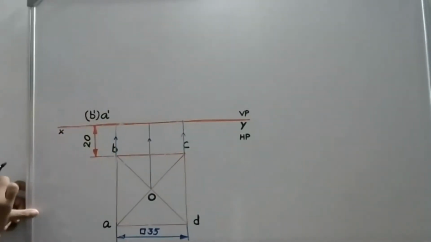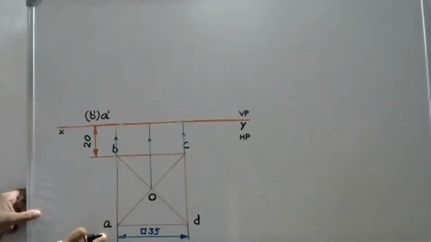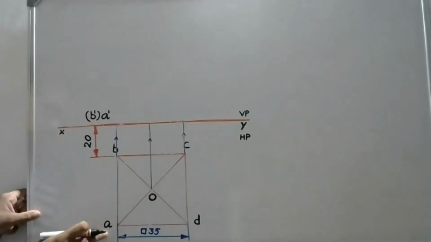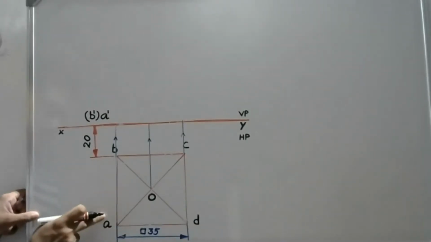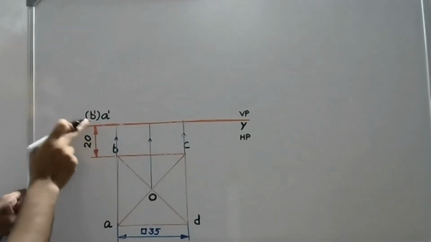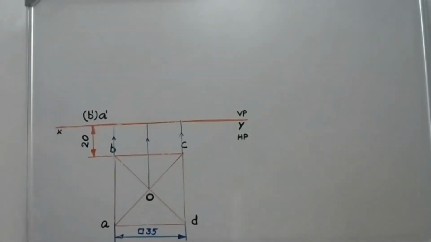So B dash is invisible when compared with A dash. That means we see A dash first on the same projection line, and B dash is behind it. It is not visible in the front view. That's why we put B dash in a bracket.